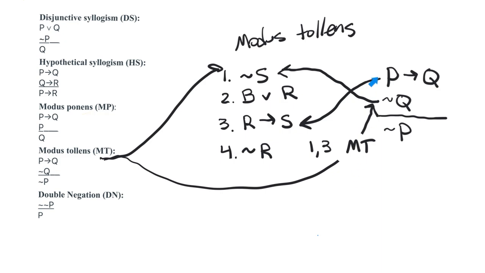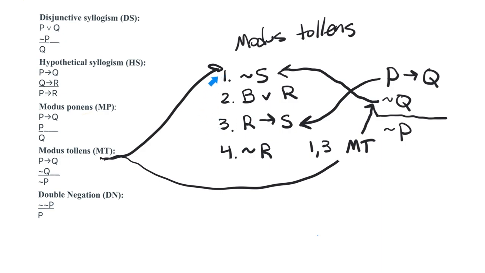So be sure to be able to recognize the general form of modus tollens and understand why the conclusion necessarily follows from the premises. That is, given if P then Q, the negation of Q, the negation of P is necessarily true logically, but also to be able to recognize it existing among a series of more complex claims, where again, the order doesn't matter, it's the form that matters.